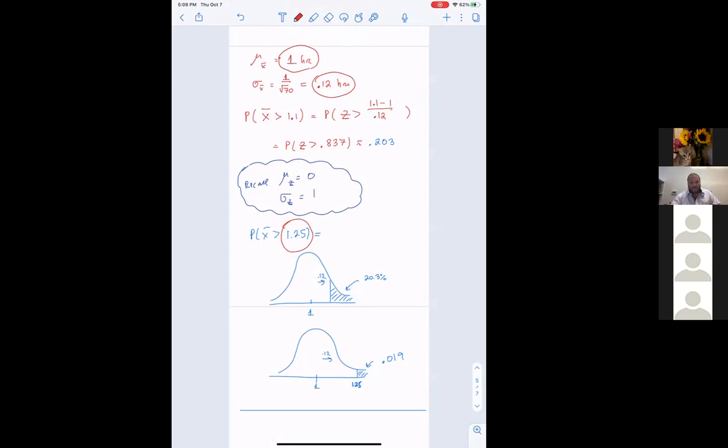Yes, no, maybe so. Sorry, you said that kind of fast. Can you repeat that real quickly? Sure. Put in 1 for mu, 0.12 for sigma, lower limit 1.25, upper limit 9999999 or something like that.